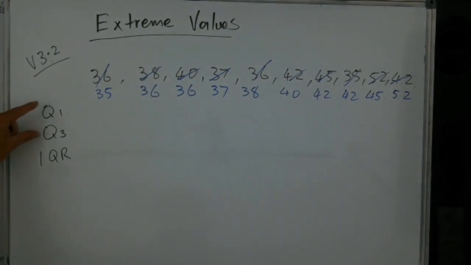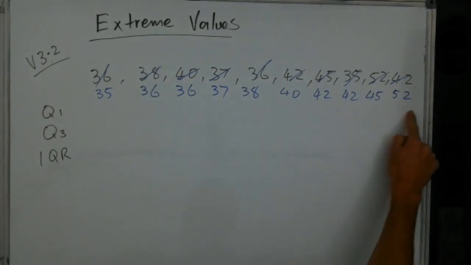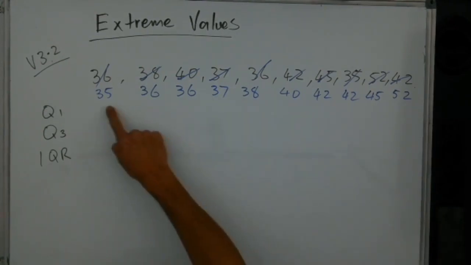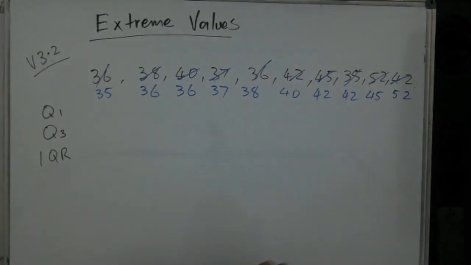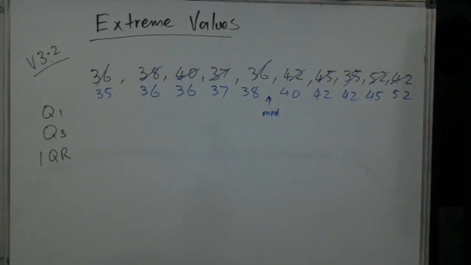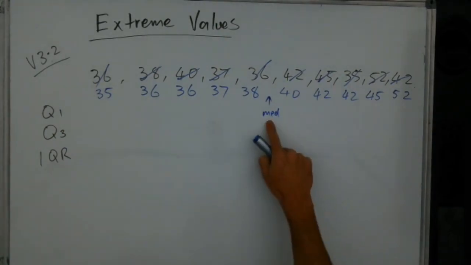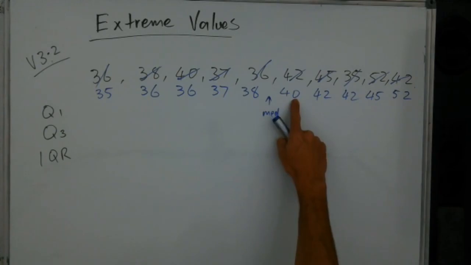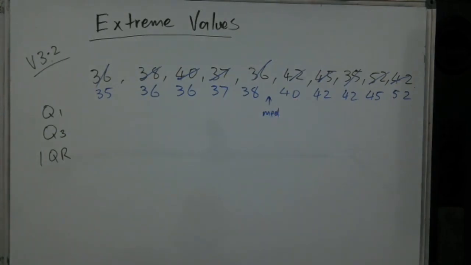So to find Q1 and Q3, first we have to divide the data into two halves, essentially find the median. So we've got 10 bits of data, that's even, so it's going to be in between the 5th and 6th, so our median is here. We don't really need that, but the average of 38 and 40 would be 39. Okay, so here's what we really need.